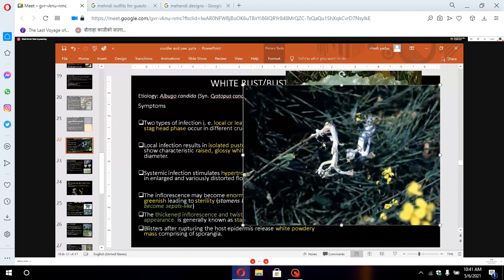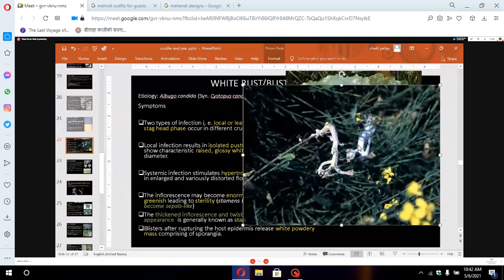Albugo candida can cause hypertrophy of the inflorescence. Generally the stalk of the inflorescence is enormously swollen, or the entire inflorescence is malformed. This is distortion or malformation of the floral organs, typically known as stag head symptoms.